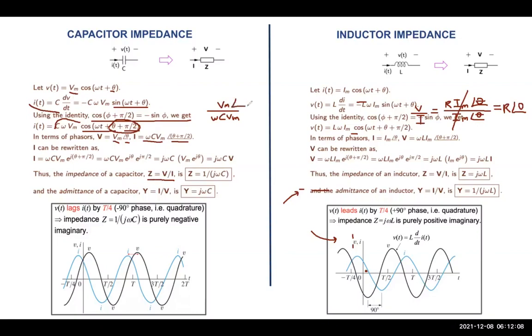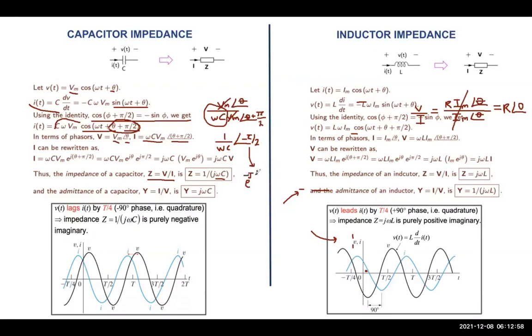But we have the phases. So this is theta and this is theta plus pi over 2. When we do the division, the Vm's get cancelled, so we have 1 over omega C, but theta minus (theta plus pi over 2) gives you the angle of minus pi over 2. Minus pi over 2 in terms of angle means exponential j minus pi over 2.